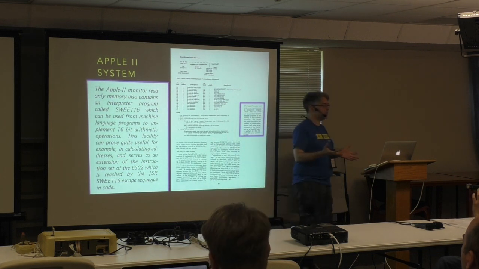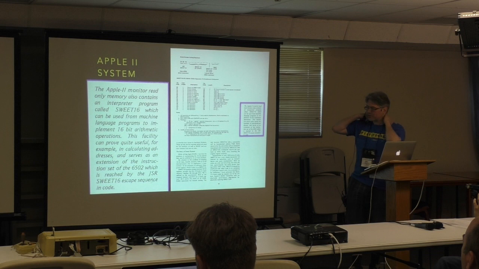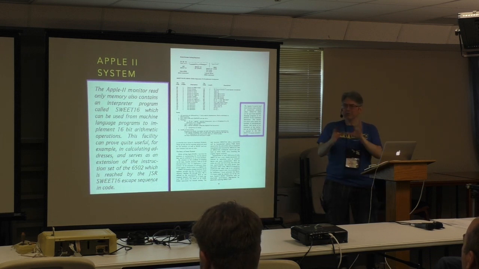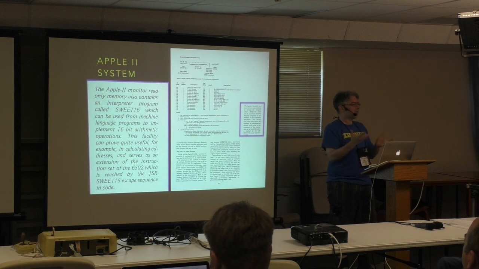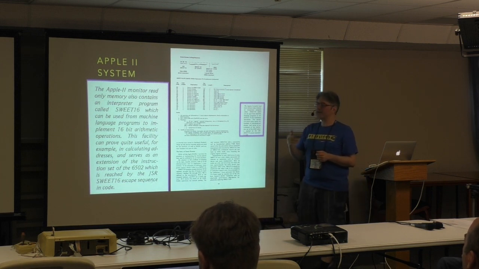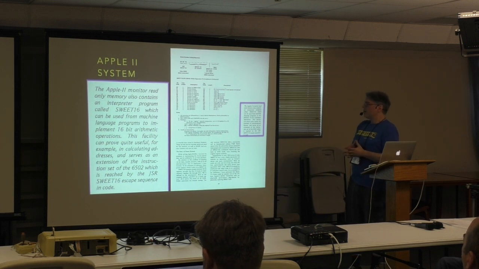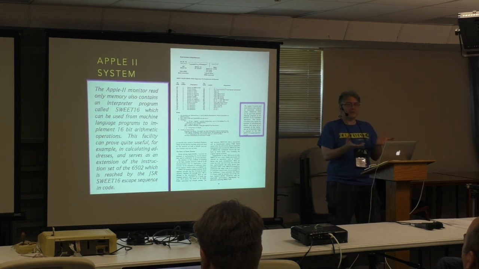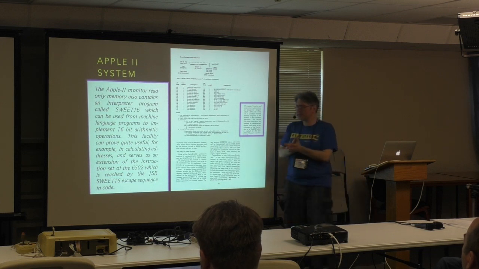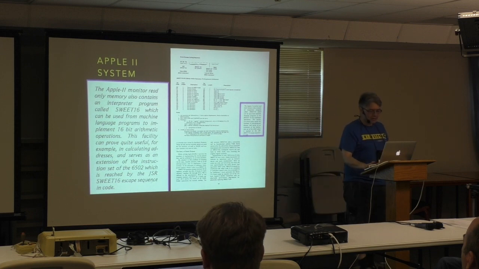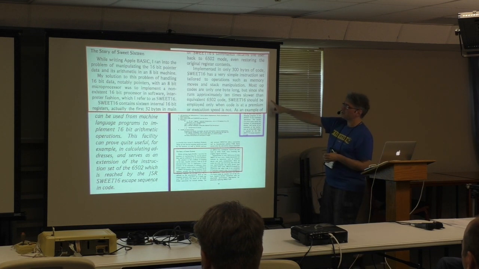Because of course we have 8-bit machines, and the idea was that it turned out to be super useful to manipulate 16-bit things for compilers, and in his case for making BASIC. So he created essentially a little library of 16-bit routines, but implemented as its own little special processor. So this is the story of SWEET16.